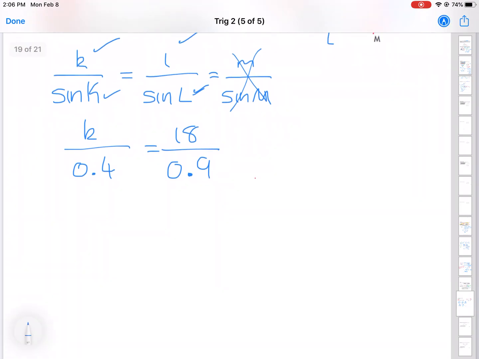So let's have a wee think of what we're going to do with this diagram. A bit of rearranging, a bit of clever calculation here. Move 0.4 up, we will end up with K equals 18 times 0.4 all over 0.9.